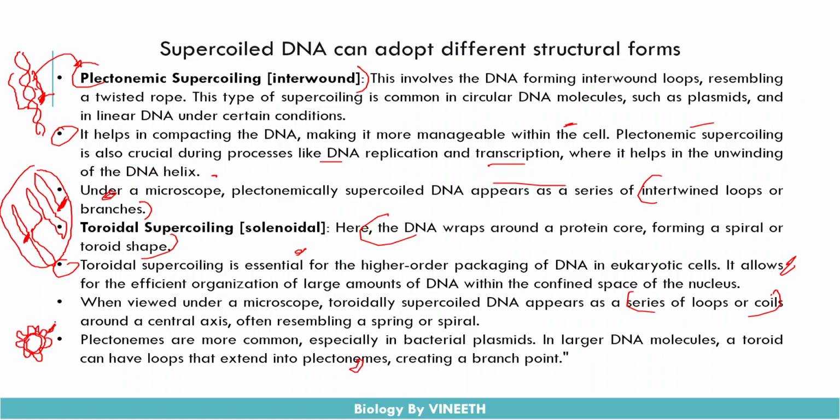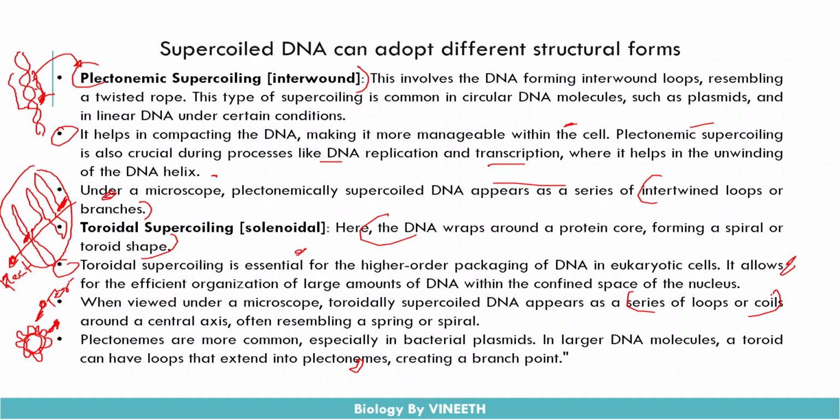This kind of supercoiling is called toroidal, and this kind is called plectonemic. So this is the major difference between toroidal and plectonemic supercoiling.